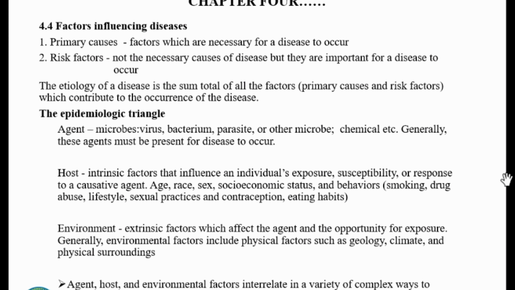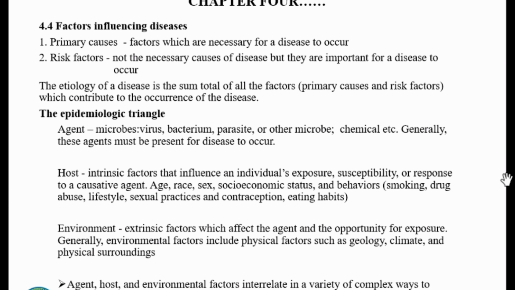How? Maybe you are not using a mosquito net. So that environment favors the malaria mosquito to bite you and introduce the Plasmodium. So you can see all factors are very important in the etiology of a disease. They contribute to the occurrence of a disease.